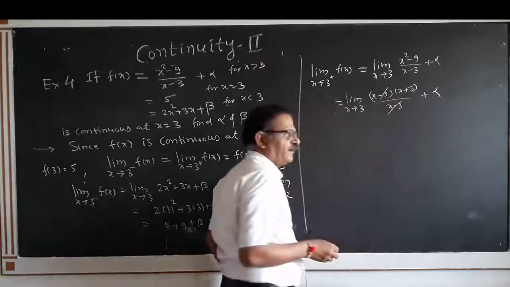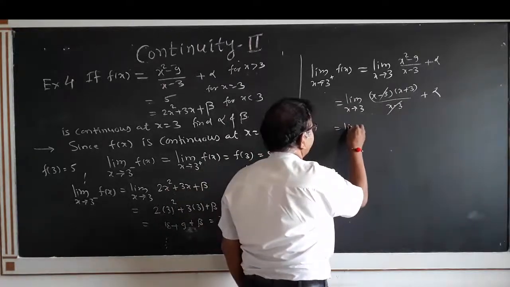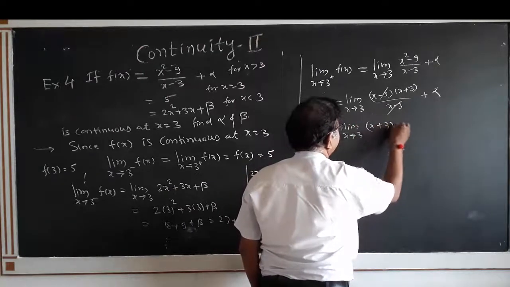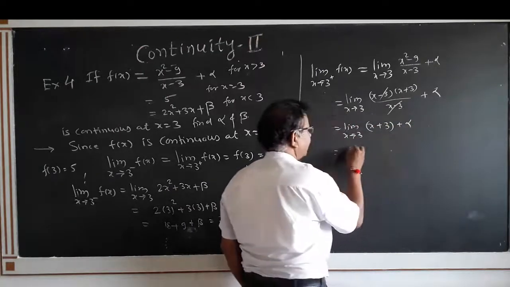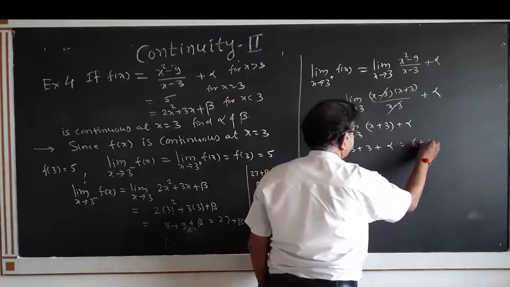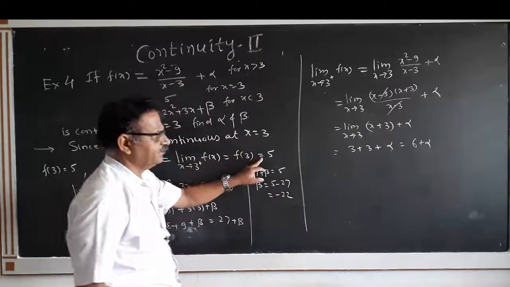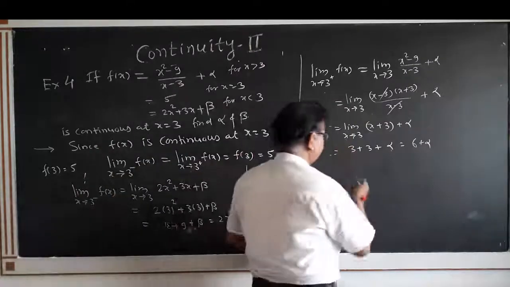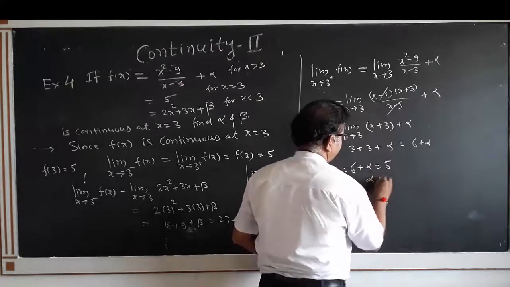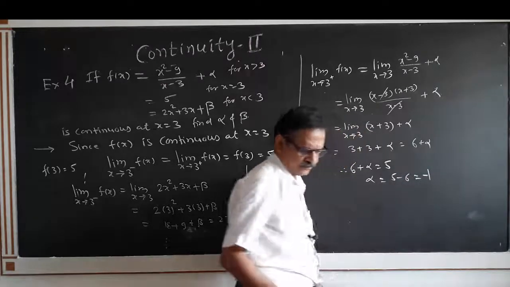X minus 3 is a common factor in numerator and denominator. It will get cancelled and it remains limit x tends to 3 of x plus 3 plus alpha, that is 3 plus 3, 6 plus alpha. And 6 plus alpha, right hand limit equal to 5. Therefore, 6 plus alpha equal to 5. Alpha equal to 5 minus 6 equal to minus 1.